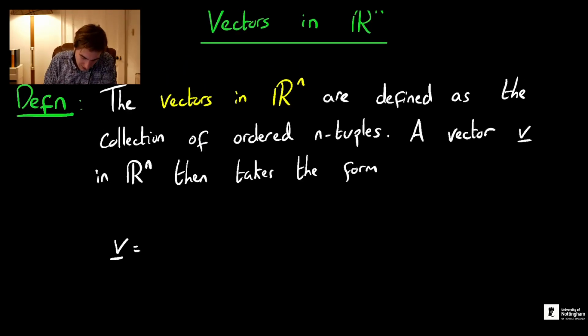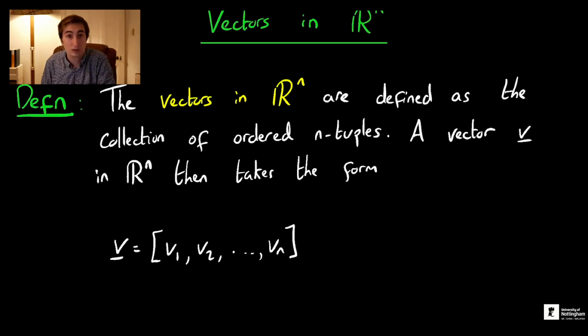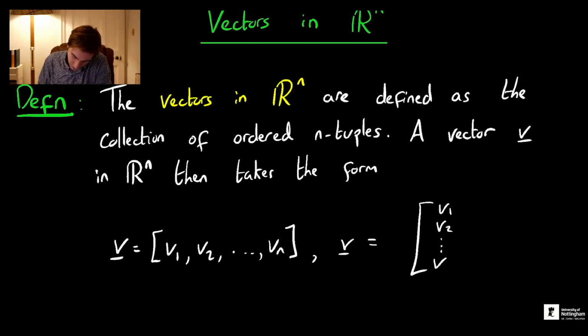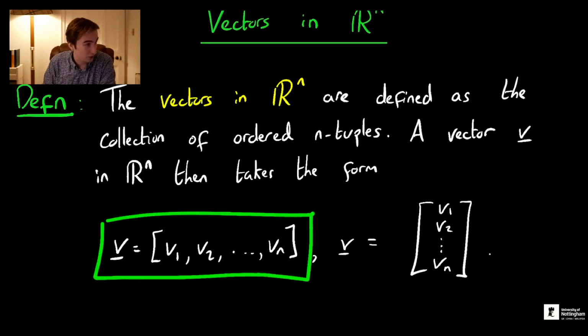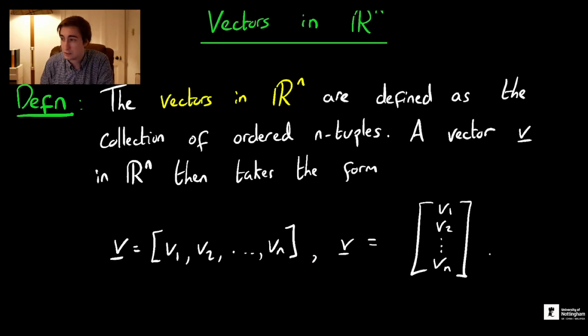So we write v as v1, comma v2, comma dot dot dot up to vn, because there's n many components now because we've got n many copies of R. Alternatively, we can write v in column vector form, v1, v2, dot dot dot up to vn. As I say, these are just two different notations for the same idea. This is our column vector notation and our row vector notation. For now, though, I'll probably stick to the row vector notation for most of this lecture.